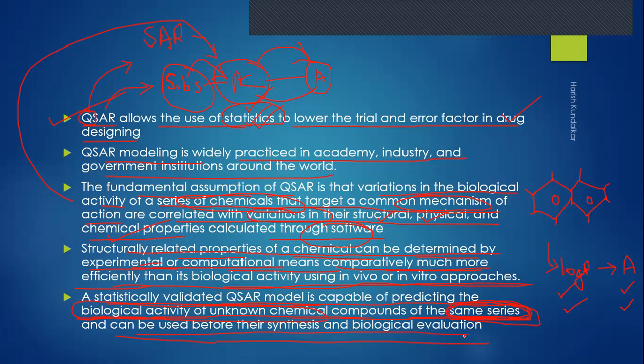So we need not synthesize a large number of naphthalene molecules in this example. We can just selectively synthesize a few molecules that have been predicted to have good biological activity. Okay, and then after the synthesis of those molecules, we can go for biological evaluation of those limited synthesized molecules. That's it. This is the use of QSAR.